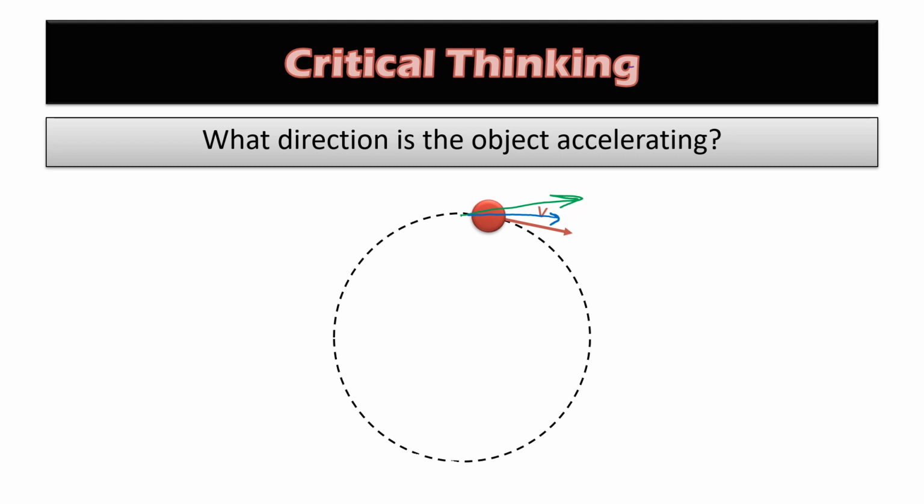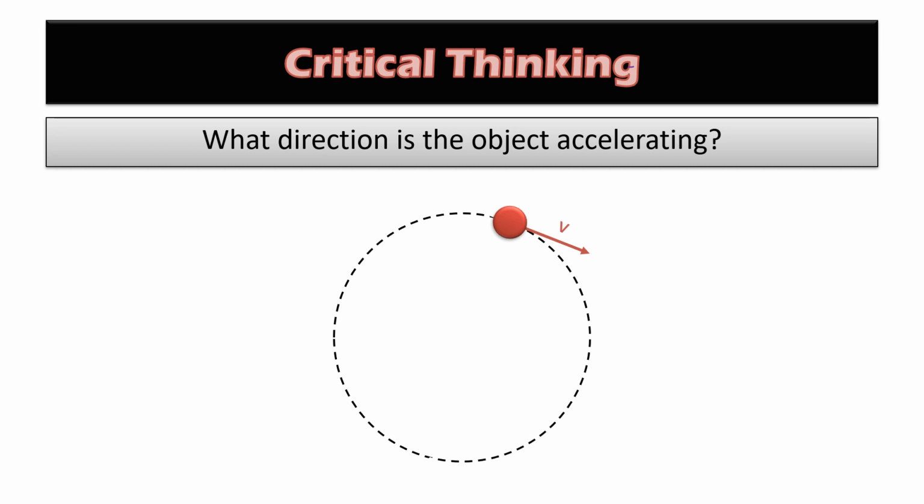The velocity vector is moving this way, and then it moves again, and it's moving this way here. These two tiny directions should show you the direction of the acceleration. It's always moving towards the center of the circle.